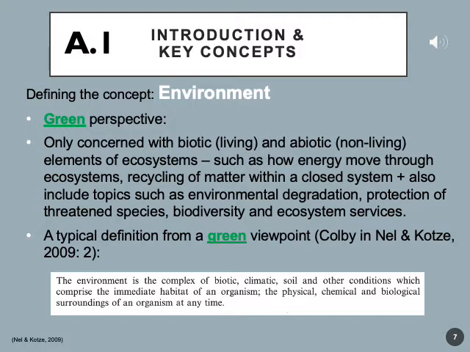A typical definition from a green viewpoint could read as follows. The environment is the complex of biotic, climatic, soil, and other conditions which comprise the immediate habitat of an organism, the physical, chemical, and biological surroundings of an organism at any time.